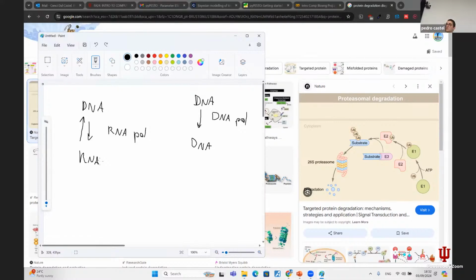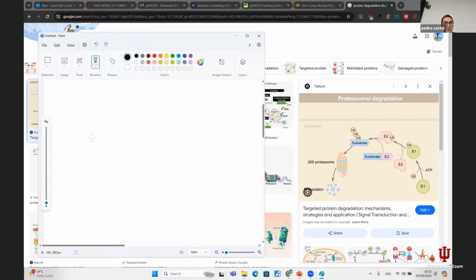Is that your structure? Yeah, which is perfect. So basically you have nothing going to RNA, and whether or not you have DNA, it promotes the production of RNA. And whether or not you have RNA, it promotes the production of your protein. Right?